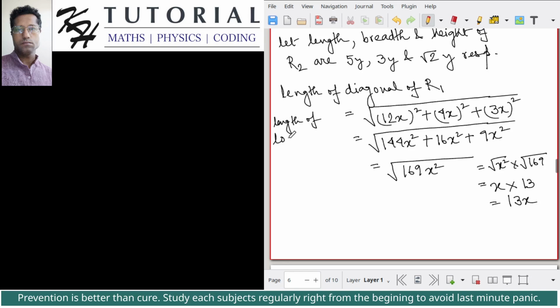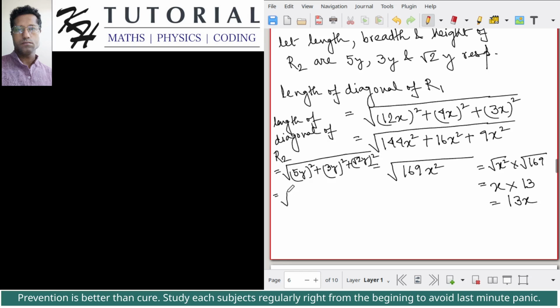The diagonal of R2 will be equal to the square root of (5y)² plus (3y)² plus (√2 y)².